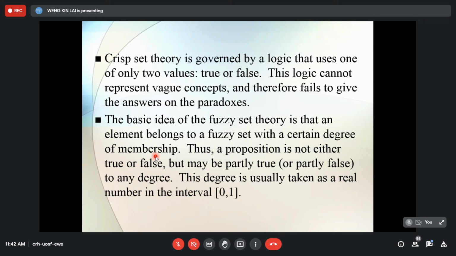So the basic idea is that the element belongs to a fuzzy set with a certain degree of membership. So therefore, a proposition is not either true or false. So am I smart? Am I good? I can be a good student, because of course, some of you actually have what I would call superpowers.